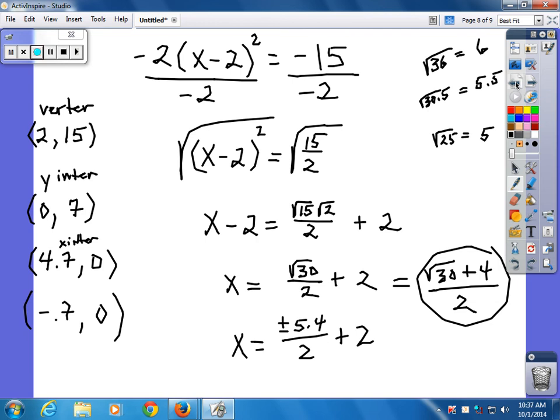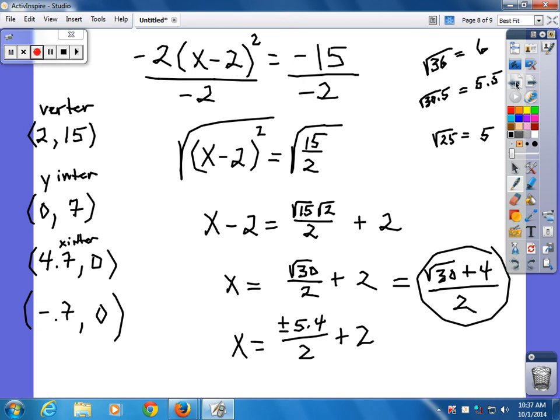The square root of 30 is 5.4. And 5.4 divided by 2 is 2.7. 2.7 plus 2 is 4.7. What did you get for your x-intercept, Ms. Love? I just added the 2 to 5.4 and then divided.